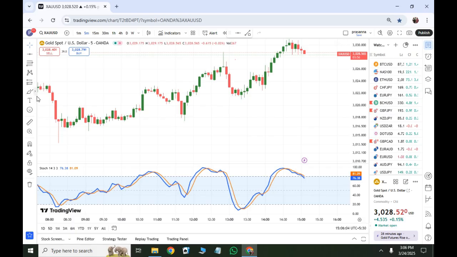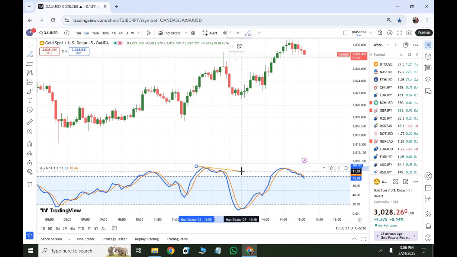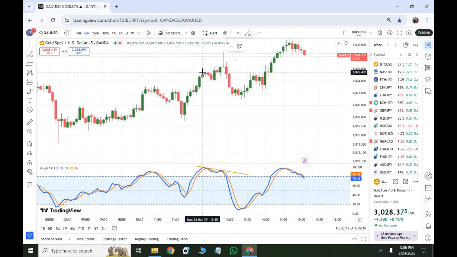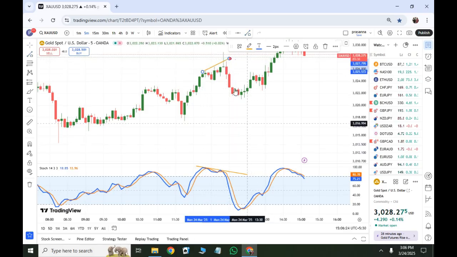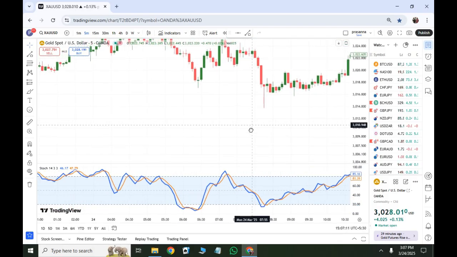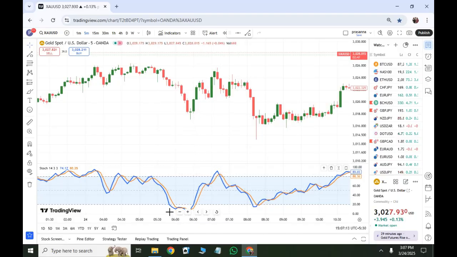That means a divergence. There is a divergence for sell: the stochastic value decreases, meanwhile the price value increases. And for a buy position, there should be a stochastic value increase and a price value decrease.